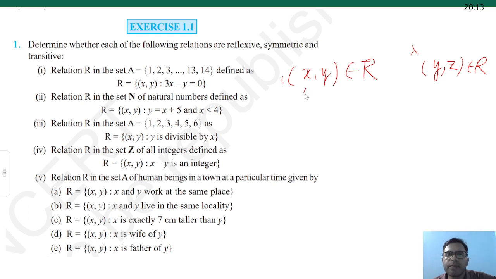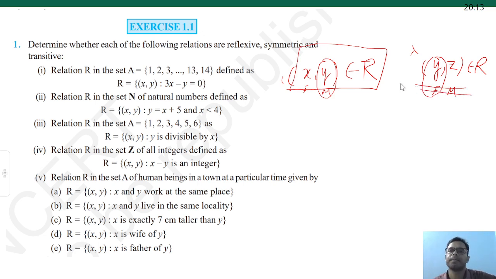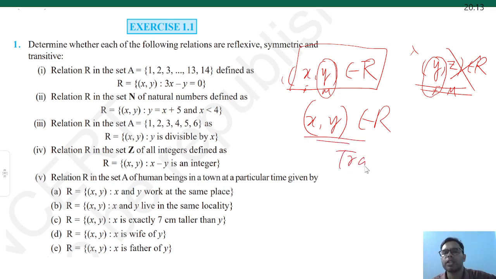That means x is a female and y is a male. Then if you take yz belongs to R, then y is female. At a time, y in this ordered pair is male and y in this ordered pair is female. Therefore, if you consider xy belongs to R, then you cannot consider yz belongs to R. So it will not be there. That means only xy type elements will be in your R, and no element of the form y-something will be there. And when that happens, what is it called? Transitive.